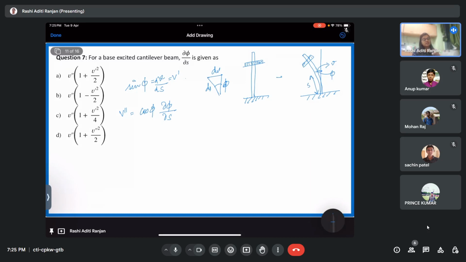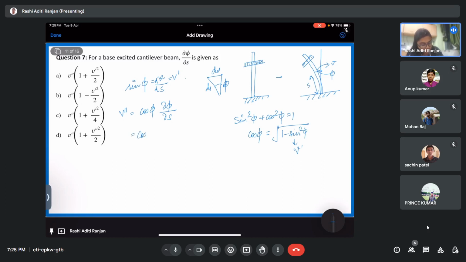Now, for sine phi I have a relation, and for cos phi, if you remember by trigonometry, sine square phi plus cos square phi is equal to what? 1. So from this, I can write my cos phi as under root of 1 minus sine square phi. And my sine square phi is v dash square, correct?